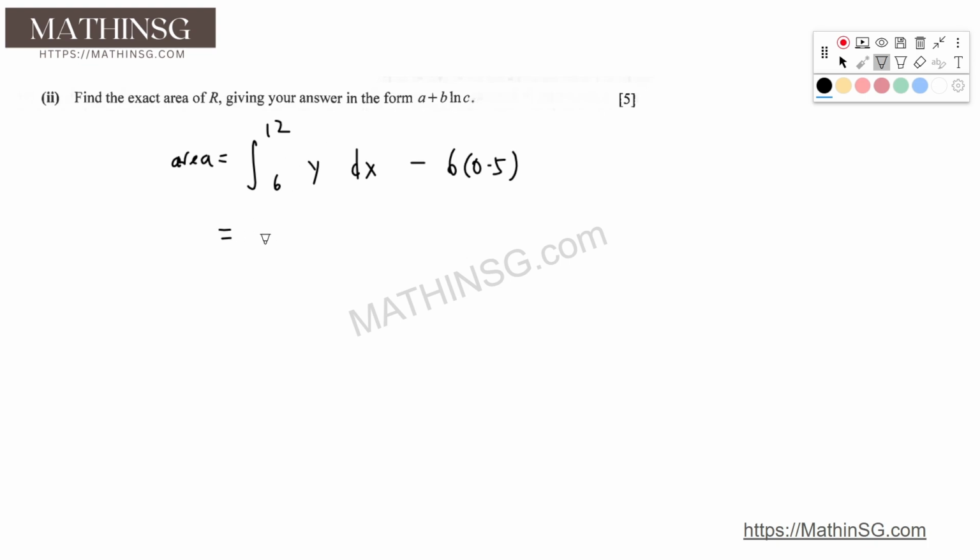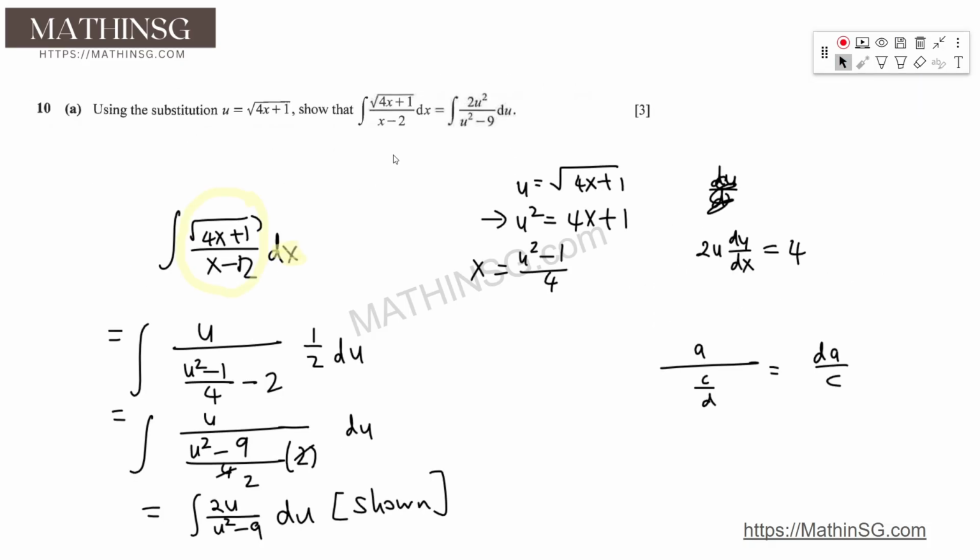And recall, y is equal to this. Already from part A, they tell us to use substitution, right? So we'll use this instead of this for integration, because there's no way to integrate this directly.